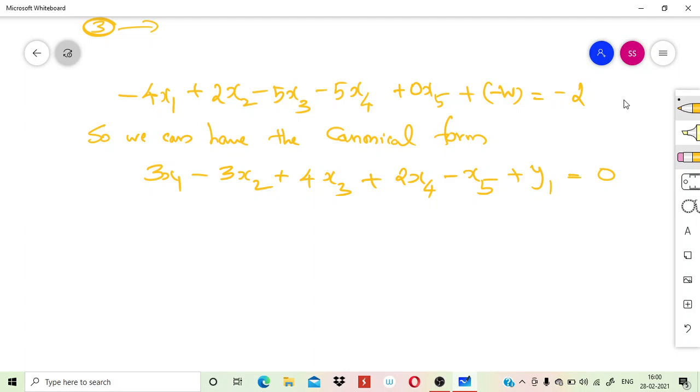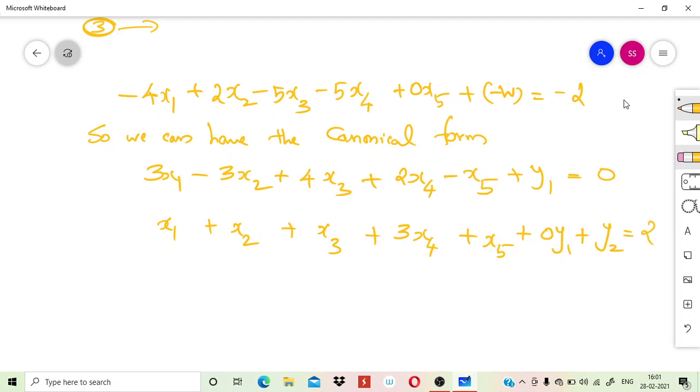And the second constraint we have x1 plus x2 plus x3 plus 3x4 plus x5 plus 0y1 plus y2 equal to 2.